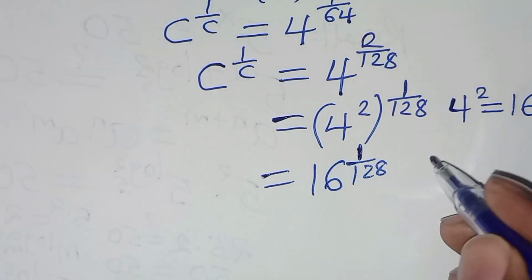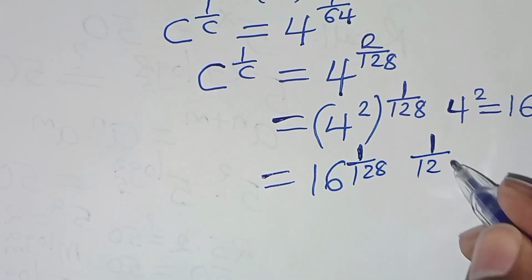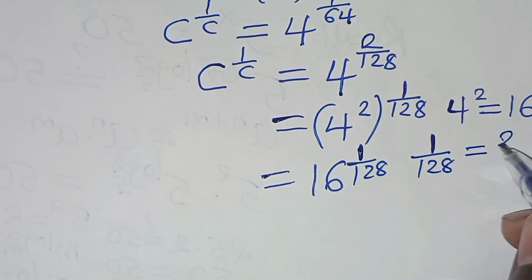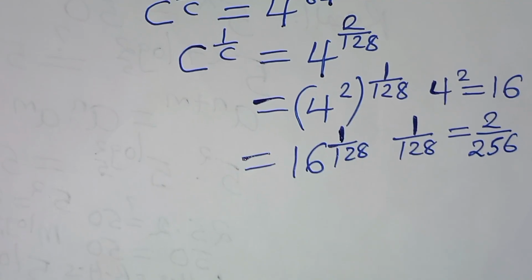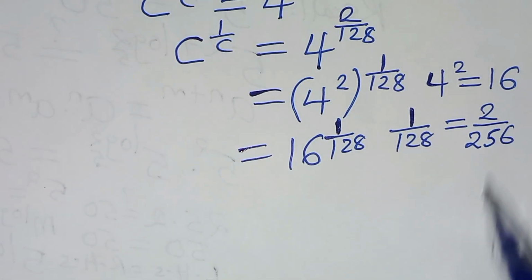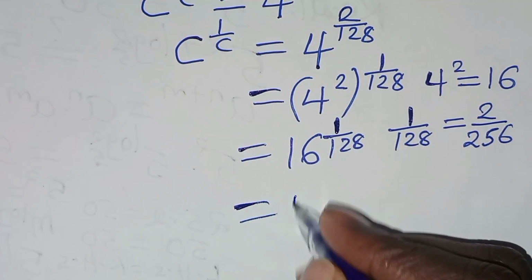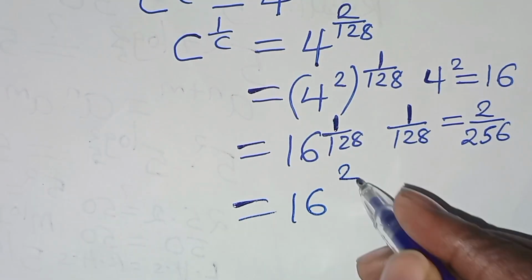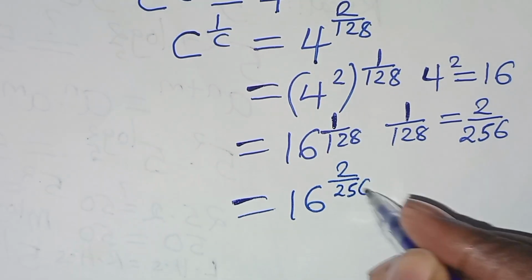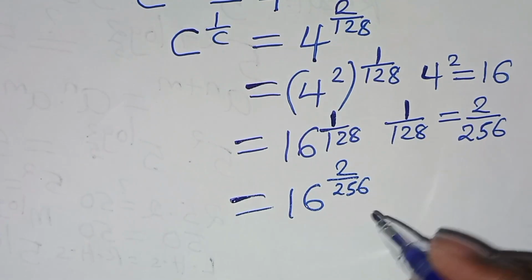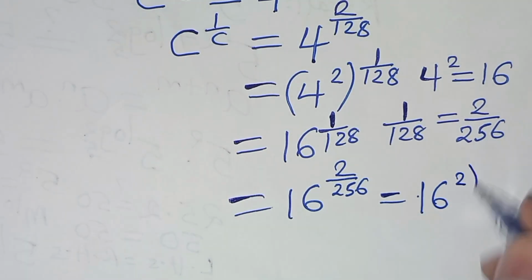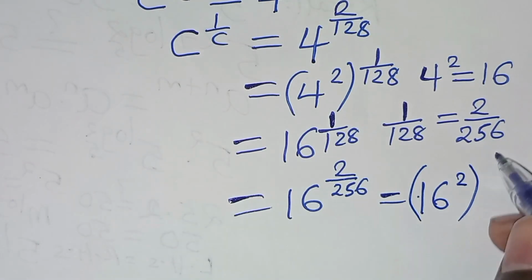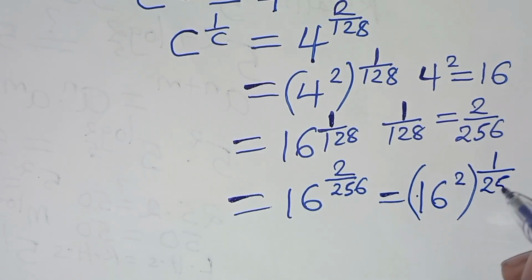So we can express 1 over 128 basically as 2 divided by 256. So let's substitute this here. So we'll have 16 raised to power 2 over 256. And this can be expressed as 16 to power 2 raised to power 1 over 256.